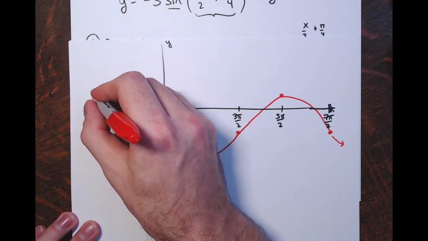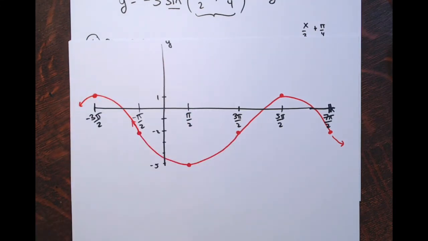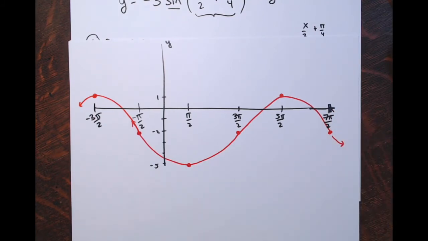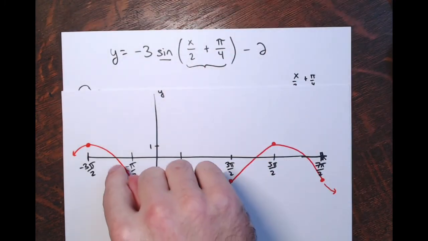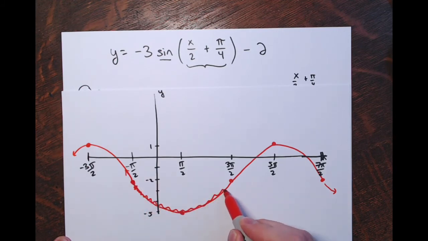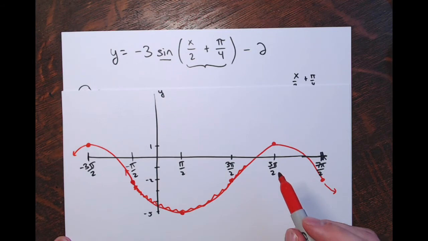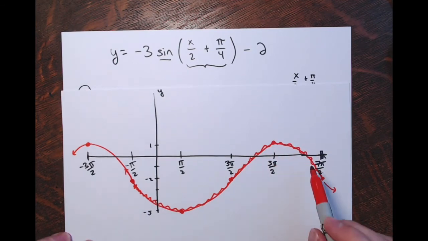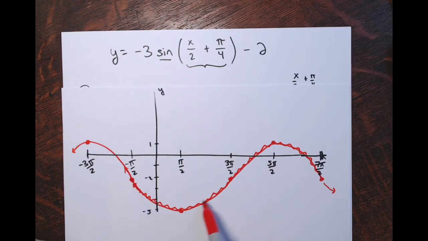That'd be the top value, and then come back down. And you can go this way as well. Just keep adding pi to get more and more key values. And if you want, you can plug them in. But really, you just need to follow this first cycle, right? From here to here, right? That was the first cycle. And that wavy line picture I just drew will repeat over and over and over again.